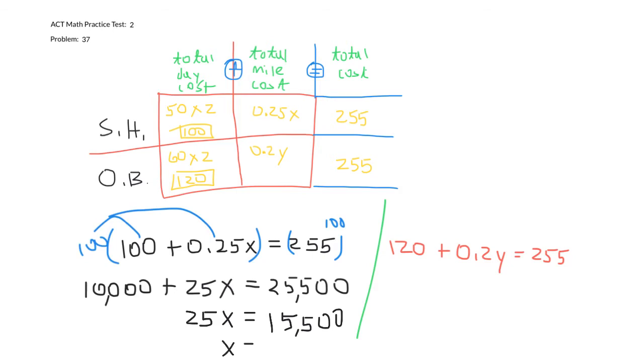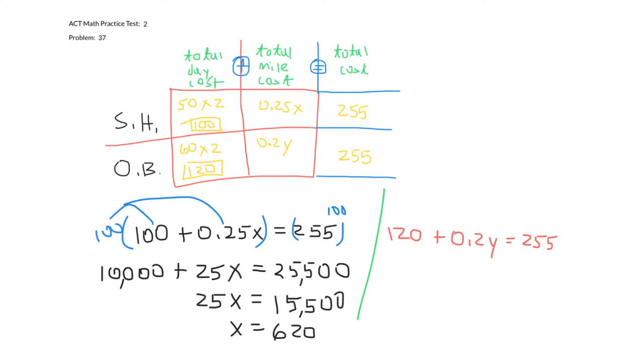Dividing both sides by 25 would give me 620. So x is 620. In other words, the amount of miles you're able to drive, if you have a fixed cost of 255, using the Seahorse Company would be 620 miles.